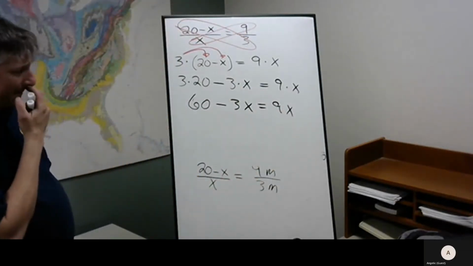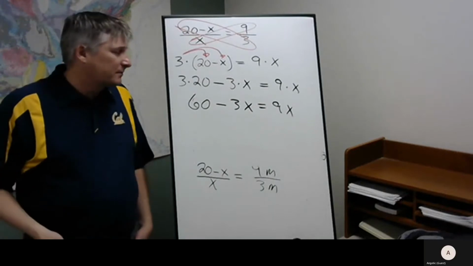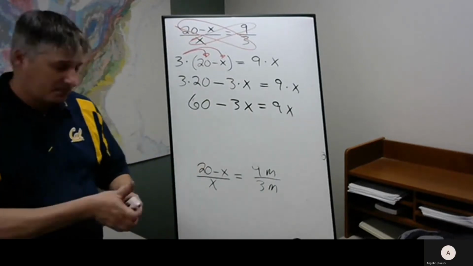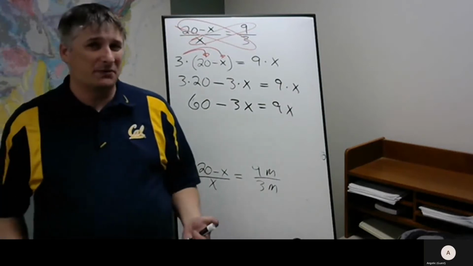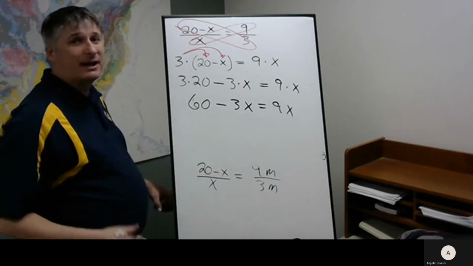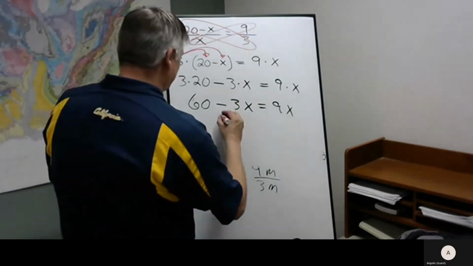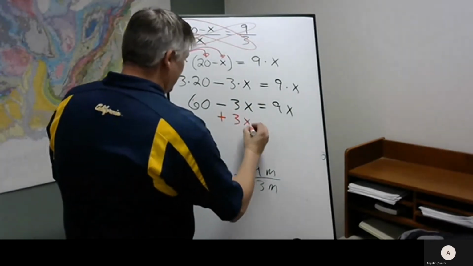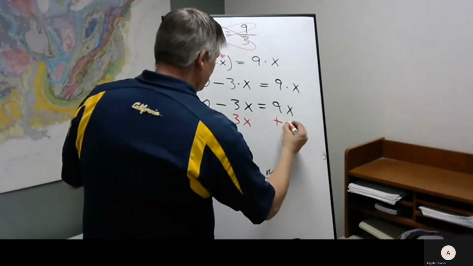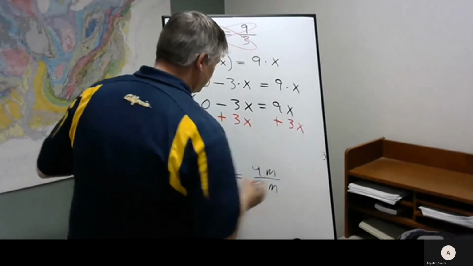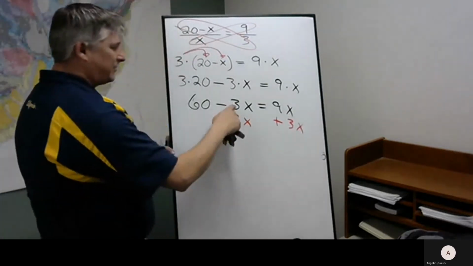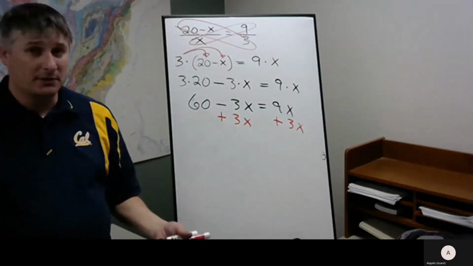Now, again, we'll talk about this in the algebra section, but we're going to try to cancel any addition or subtraction first. And we want all the x's on one side. So let's cancel a minus 3x by adding 3x. And again, what we do to one side, we have to do to the other. So -3, +3, combine those, you get 0.